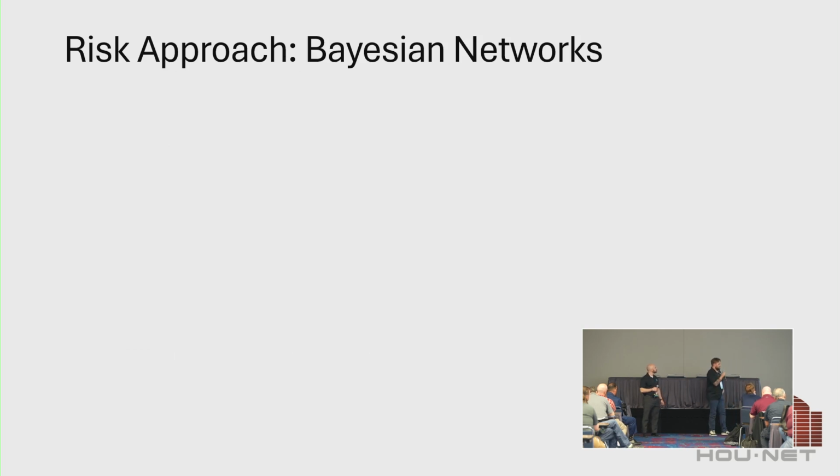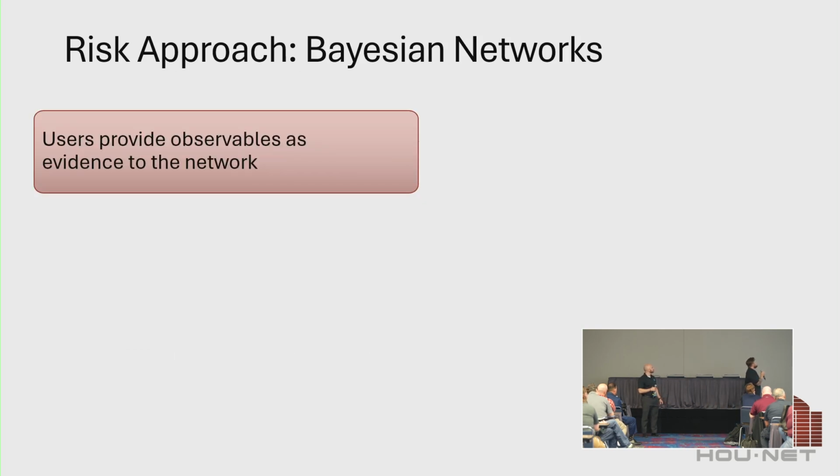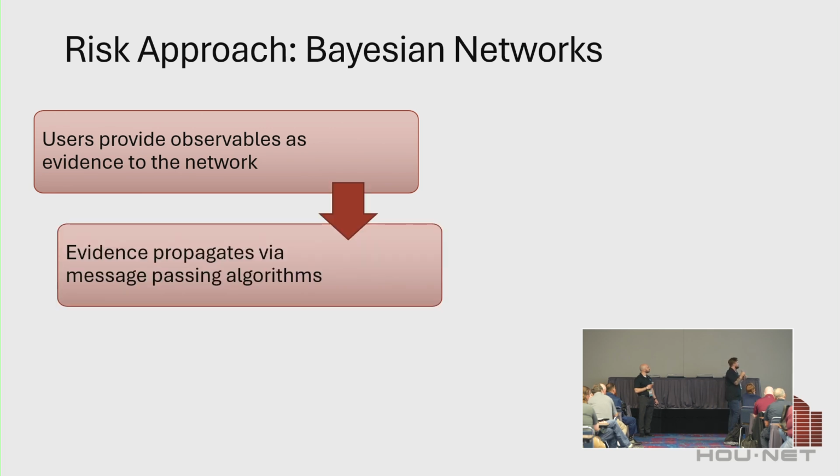So what are Bayesian networks? Glad you asked. So the user provides an event, right? This can be anything from I saw anomalous traffic, whatever that is. It can be very general. It's not a really good observable, but it's a start, right? You're starting to see something that you need to follow up with. So that's really the input, is the evidence that you have of something being strange.